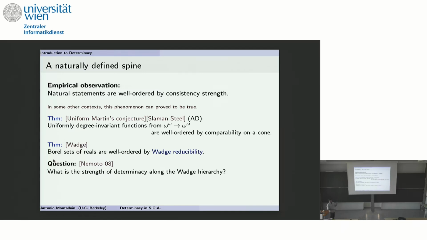We translate this to statements in second-order arithmetic, and we now have a spine of naturally defined statements. So that's one of the reasons I think these kinds of investigations are interesting.